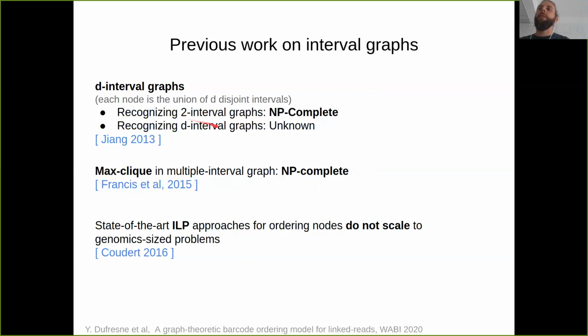There is a proof that recognizing a two-interval graph is NP-complete, and there are no results on larger graphs, but it seems harder. On this kind of multiple interval graph, finding the max cliques is NP-complete, and for ordering problems like the ones that we are trying to do, there exists integer linear programming, but it doesn't scale to genomic size problems.